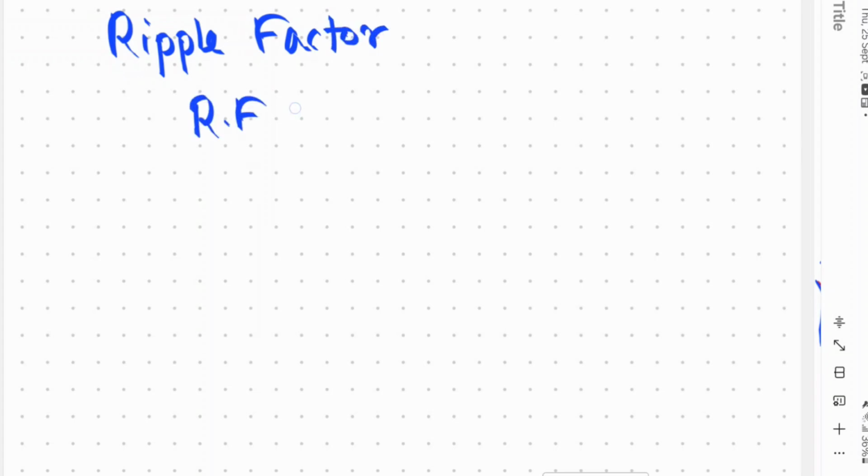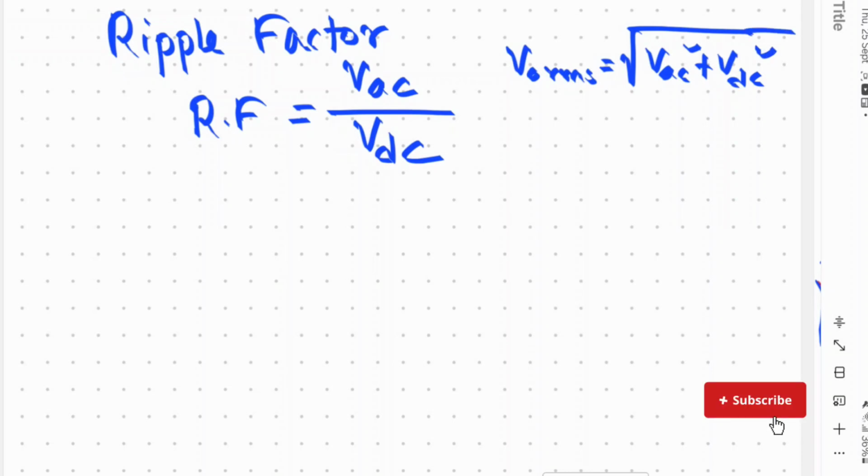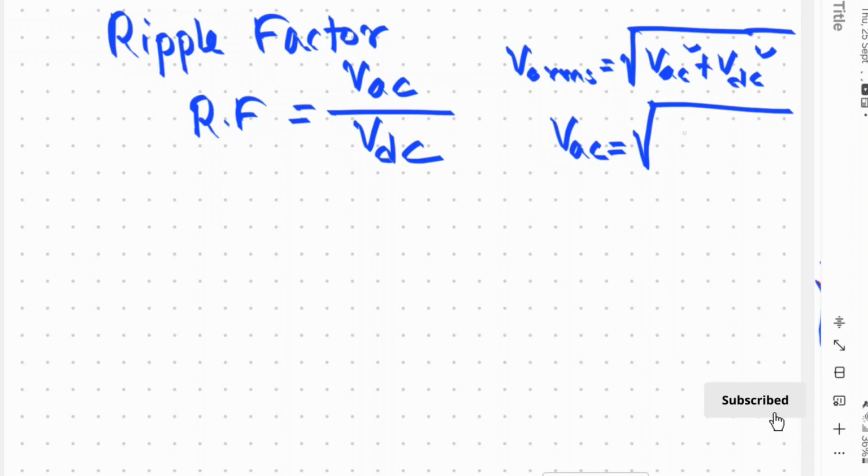After that we will find the ripple factor. Ripple factor RF is equal to VAC by VDC. We know that V0 RMS is equal to root over VAC square plus VDC square. From this we can write VAC is equal to root over V0 RMS square minus V0 square.